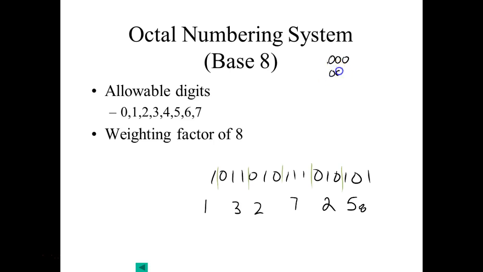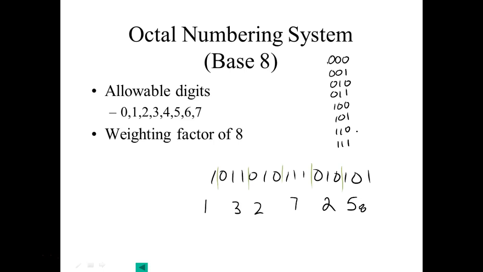When I come up here and start writing groups of 3s, that'd be 0, 1, 2, right? This would be 3, this would be 4, this would be 5, this would be 6, this would be 7. So what I notice is in octal, every digit has to have 8 combinations, 0 through 7.